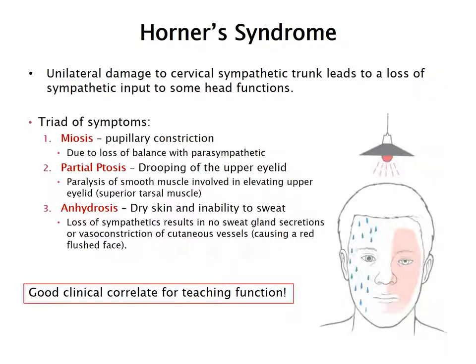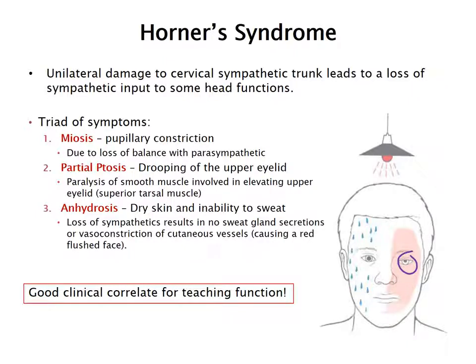Now let's take a look at why each of these symptoms occurs. Let's start with miosis, which is pupillary constriction. Recognize that parasympathetic fibers are responsible for innervating the constrictor pupillae muscle of the eye, whereas sympathetic fibers are responsible for innervating the dilator pupillae muscle of the eye.